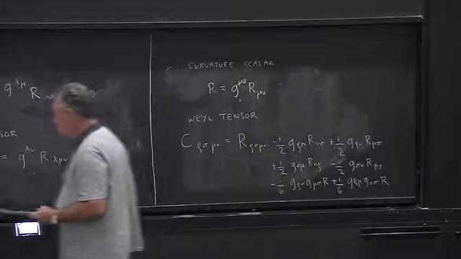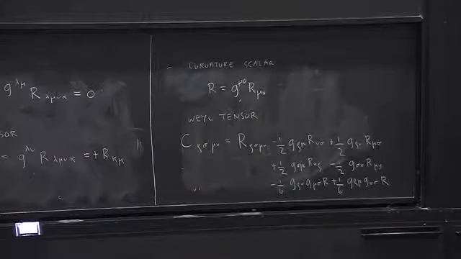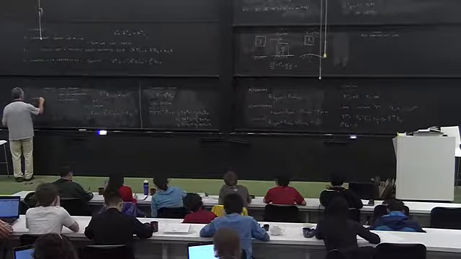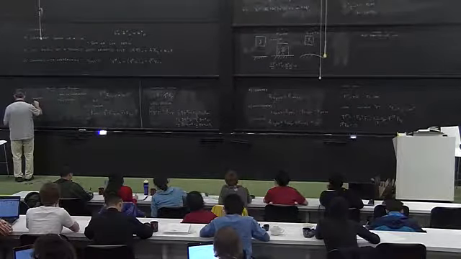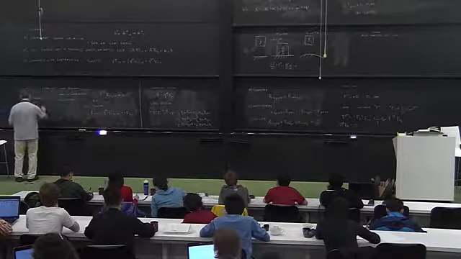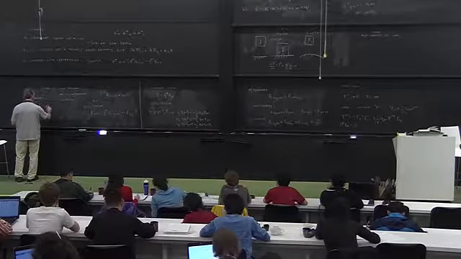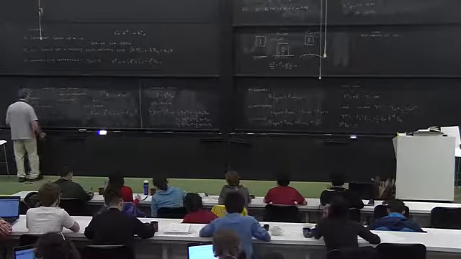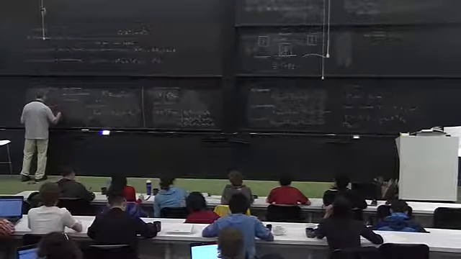Now, what's so special about that? The Weyl tensor has the important property of tracelessness. g rho mu C rho sigma mu nu is equal to 0.